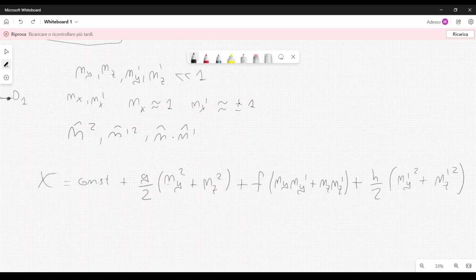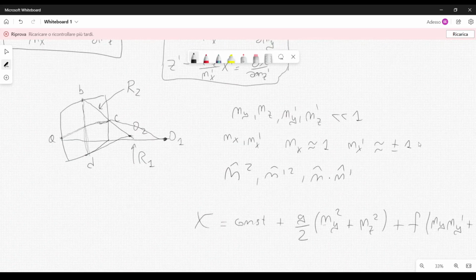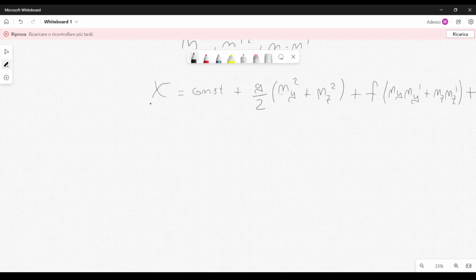Now, anyway, substituting this expression here into this pair of equations, so we just have to take these simple derivatives, we can rewrite our pairs of equations like this: ny times x minus g minus f ny prime equal to y.